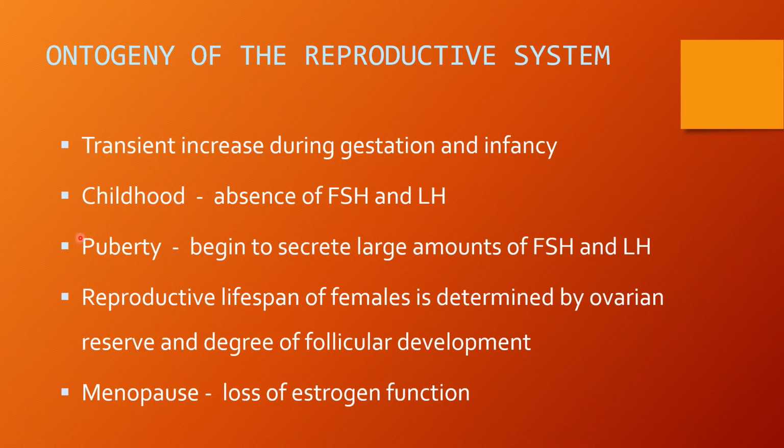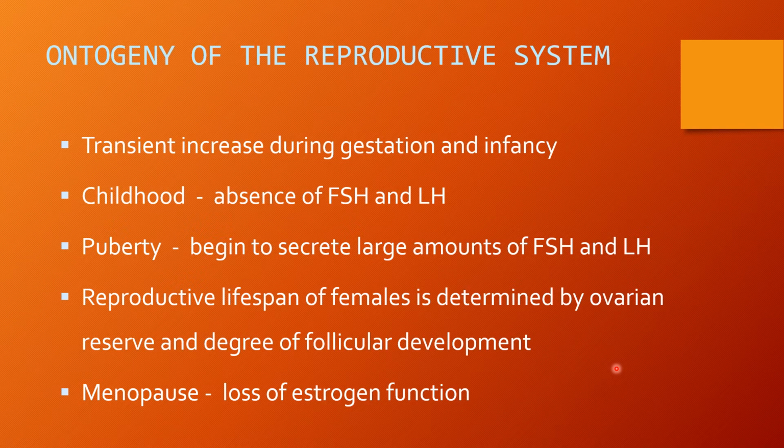So the reproductive lifespan of females is determined by the ovarian reserve, the degree of follicular development. So you can remember, you'll be able to ovulate around 450 times during your lifetime. But with those 450 times, around 12 to 15 follicles will be recruited, but out of those numbers, only one will be chosen.